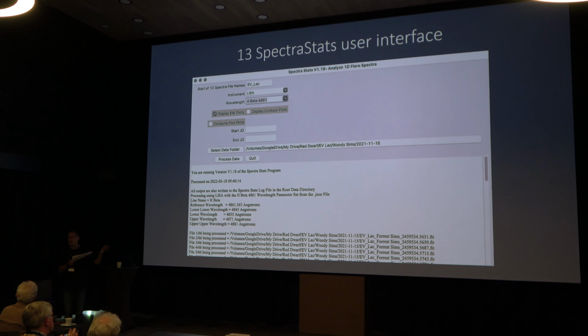So I keep all my data on external hard drives, and I get the individual spectra processed, and I can look at them in plot spectra as well, and that shows initial results of whether or not you've got a flare event. But then the data gets uploaded to the Google Drive, and Sean Curry and Woody Sims use their software, SpectraStats, to do more advanced processing on the data to pinpoint any flare events.